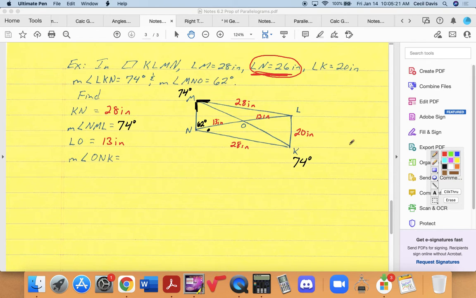So if this is 74, take 180 minus 74, and that's 106. This whole angle is 106. So then from that, how can we find the measure of angle ONK? Yeah, take 106 minus 62. So this angle is 44 degrees.